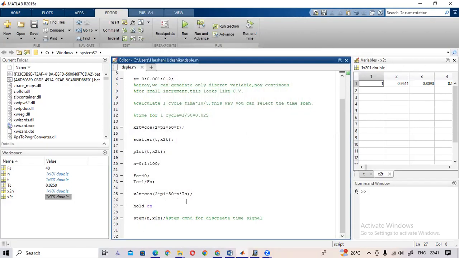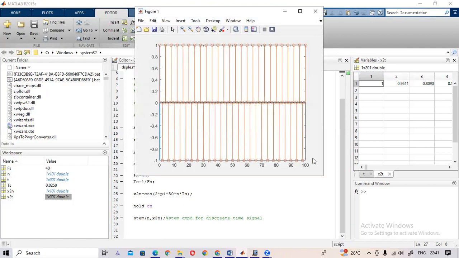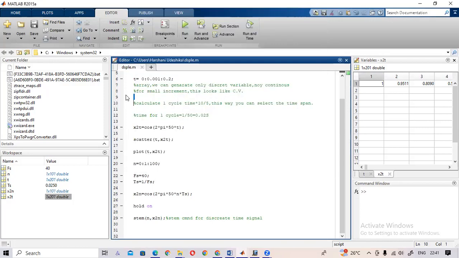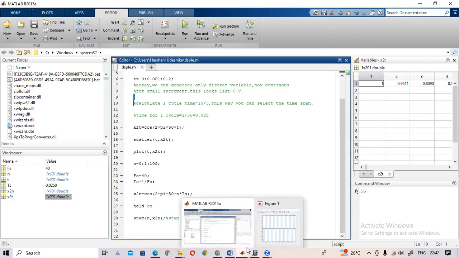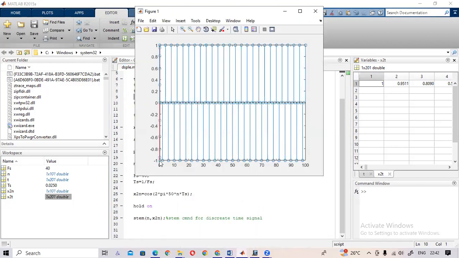Actually the problem is that for this graph, this is the time axis, not the sample axis. If you are going to draw both signals in the same graph, this red color is our continuous time signal.